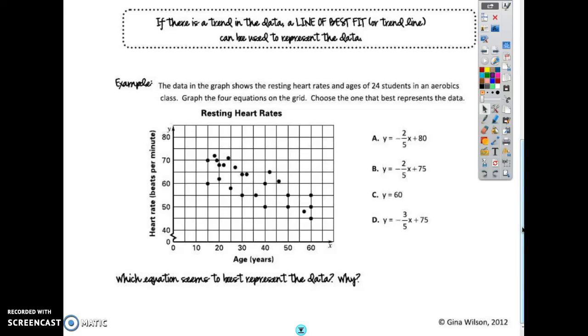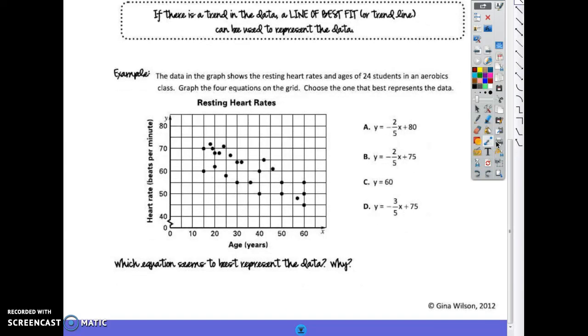Okay, so I'm just going to draw mine. And I think I have like a line on here. Right here. Okay, so something like that.